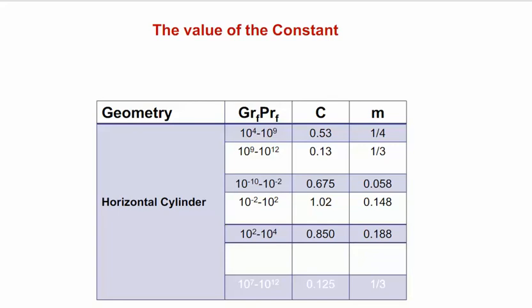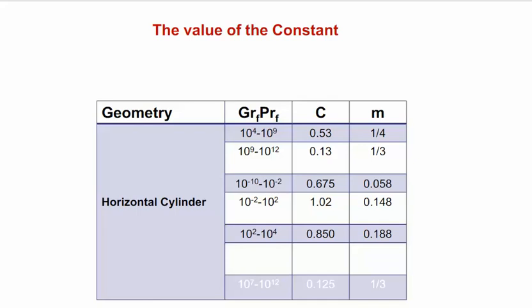For the second, 10 raised to power minus 10 to 10 raised to power 2, the C value becomes 0.675 and m becomes 0.058.